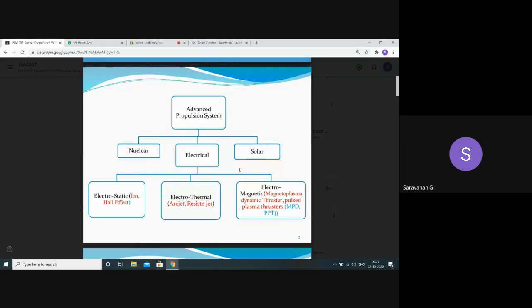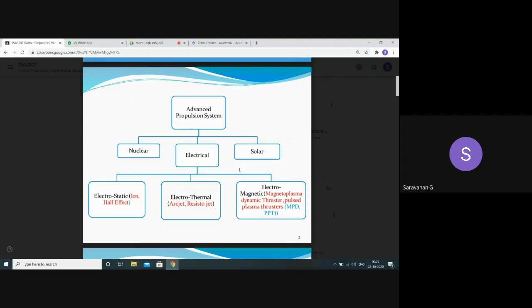Coming to the first categorization, under electrical propulsion systems we have three major classifications. One is electrostatic propulsion, the second is electrothermal propulsion, and the third is electromagnetic propulsion. The name itself defines it. Electricity along with the static force for propulsion energy generation is called electrostatic propulsion.